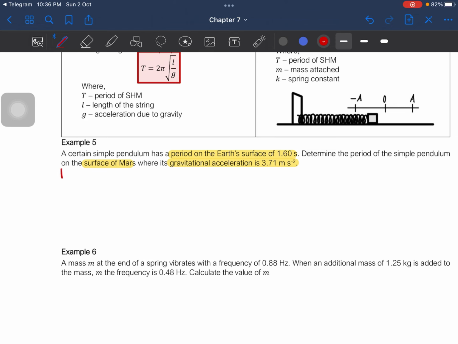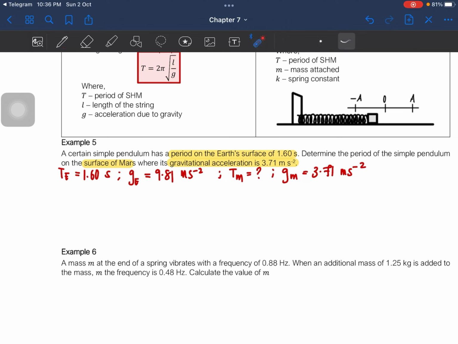So first, we have the period for the Earth, which is 1.6 seconds. And then we know that the gravity on Earth is 9.81 meters per second squared. The question asks us to determine the period on the surface of Mars, where the gravitational acceleration is given as 3.71 meters per second squared.